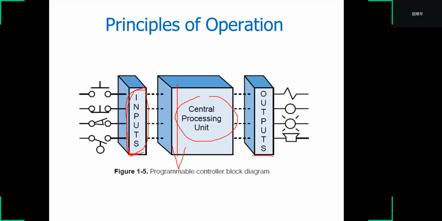After the calculation is finished, it gives the result to the outputs. After the result is given to the outputs, the CPU starts the program again. These are the principles of operation of the PLC.